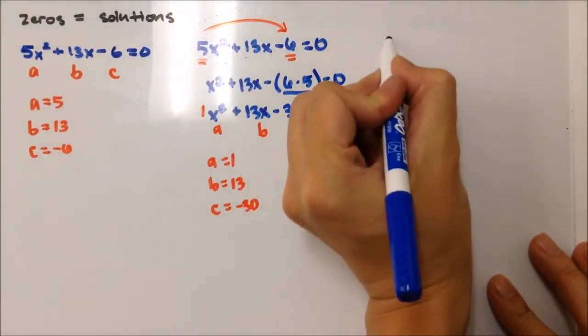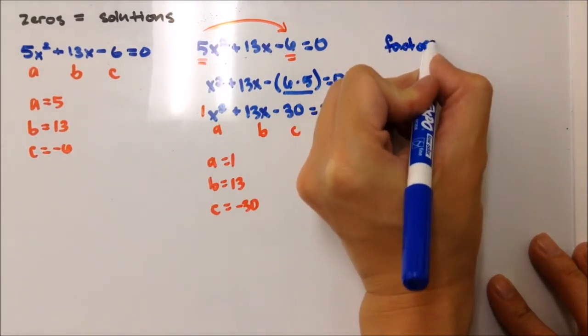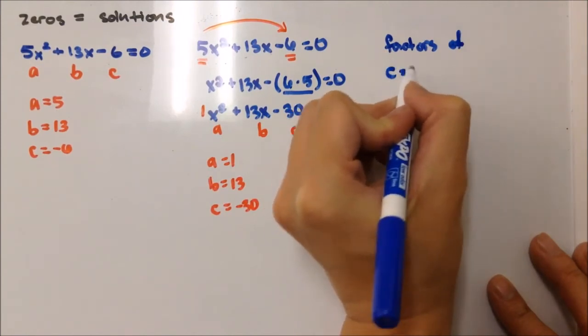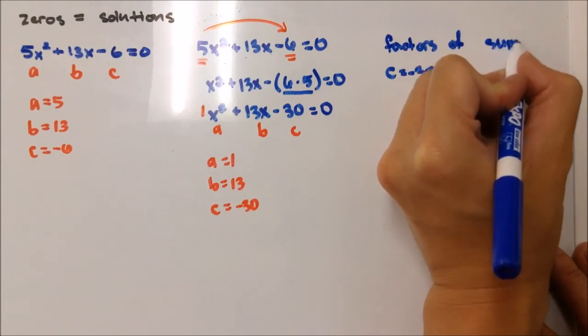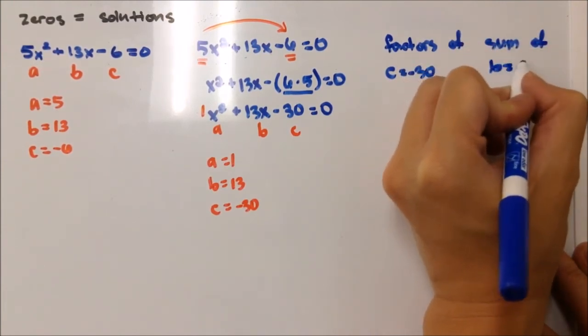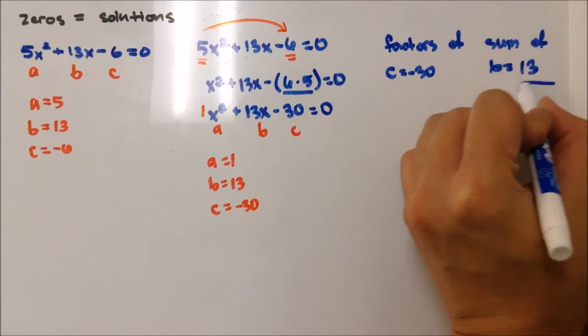So I'm going to write right here, factors of C, which is negative 30, and then sum of B, which is 13. So let's make our chart.